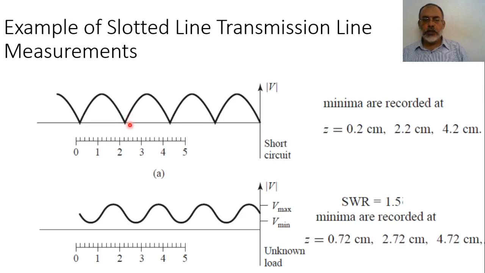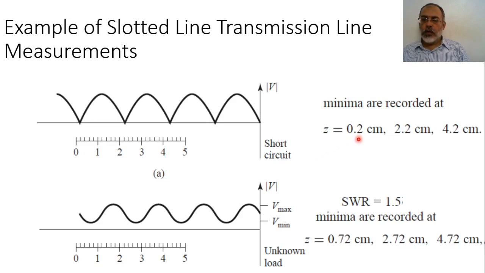It is an air-filled transmission line, so the frequency can be determined from lambda equals C over F. So the frequency F is C, which is 3 multiplied by 10 to the power 8, over 4 multiplied by 10 to the power minus 2 meters, which is 7.5 gigahertz.